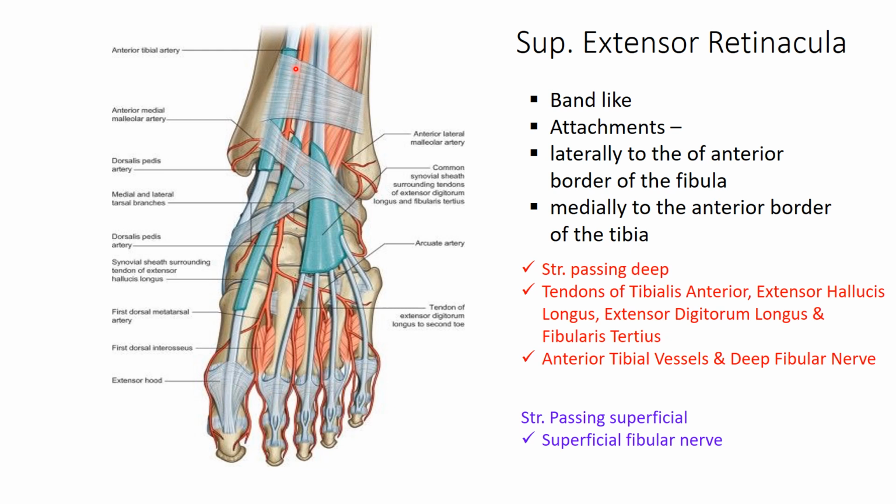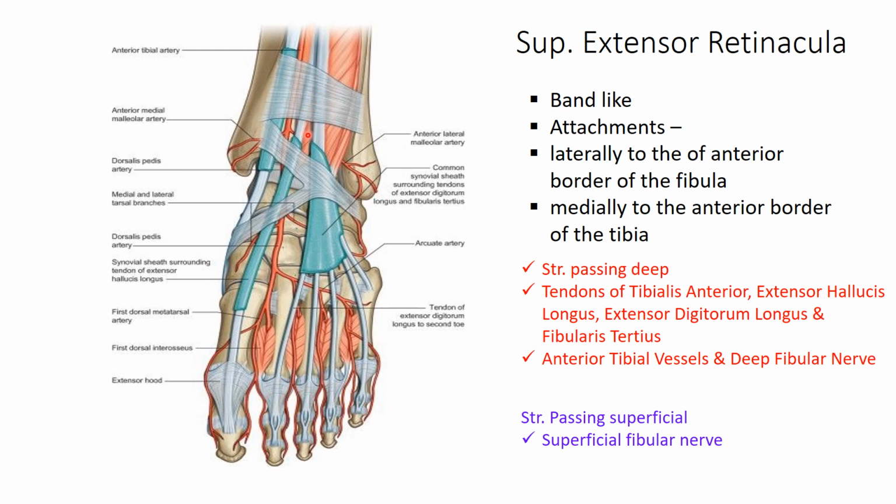Here only the tendon of tibialis anterior is enveloped in a synovial sheath. The tendons of extensor hallucis longus, extensor digitorum longus and peroneus tertius don't have any synovial sheath.